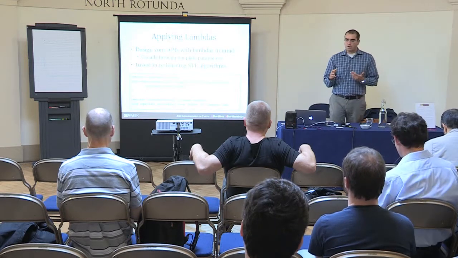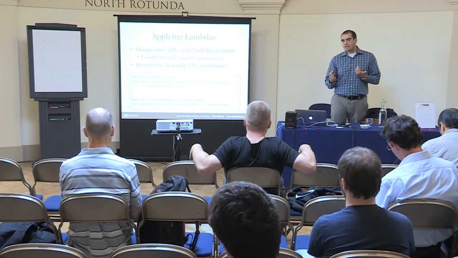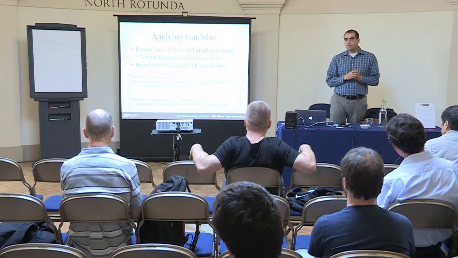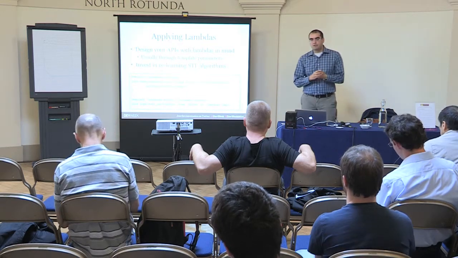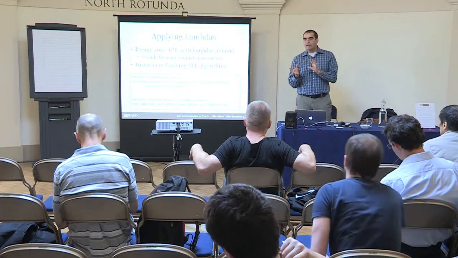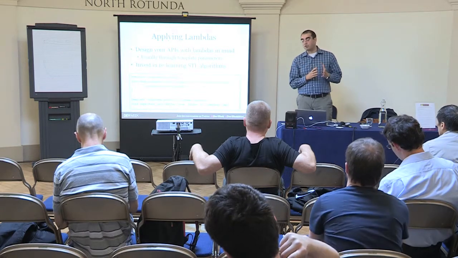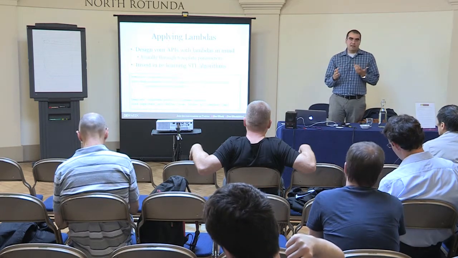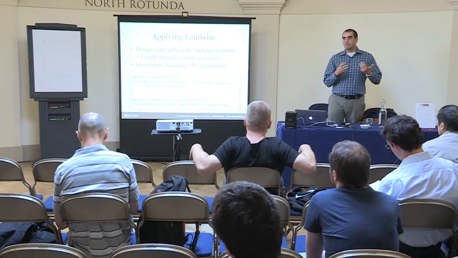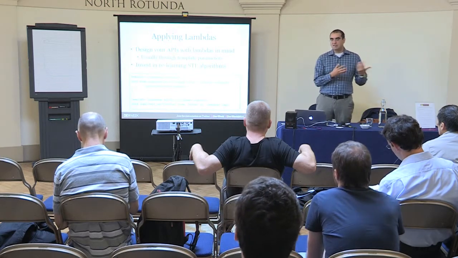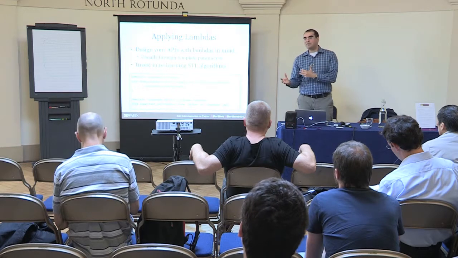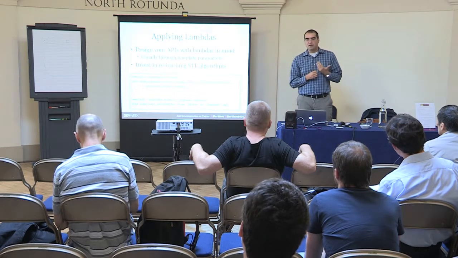Okay, the one thing I want to say about API design is that lambda functions really make it easier to design STL-like algorithms and code. And what I mean by STL-like is that you have a bunch of templates and lots of functions taking in other functions. And that used to be hard to use.